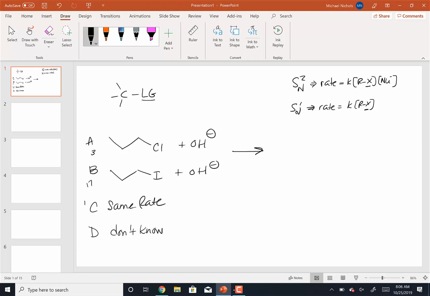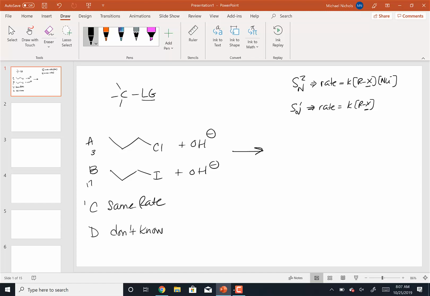When we're doing these kinds of problems, and this is going to lead us to something else we need to go over, the first thing I need to know is what mechanism I am looking at here. I cannot give you mixed mechanisms. I can't give you an SN1 and an SN2 and have you relate those two reactions, because it's impossible to do that.